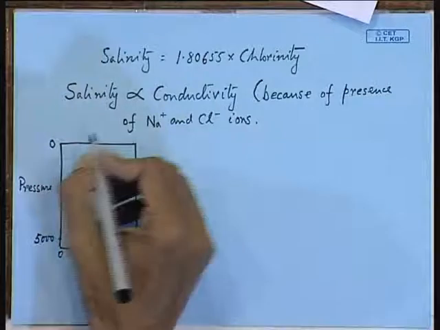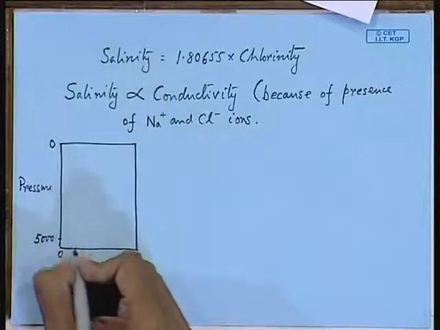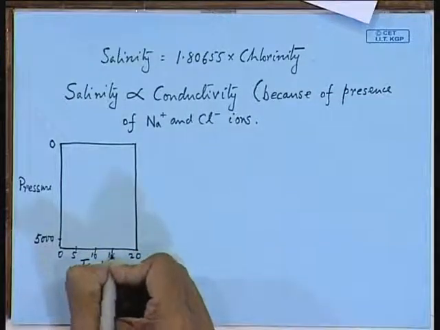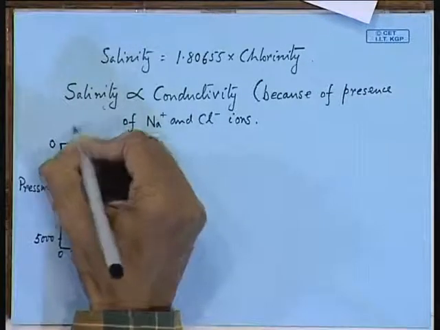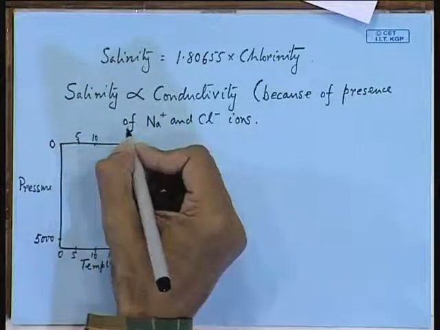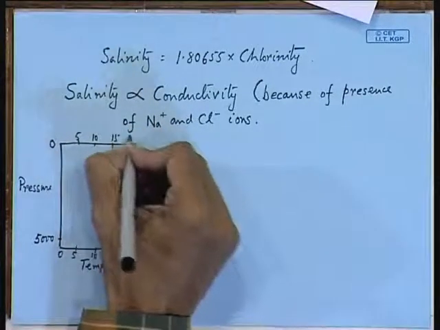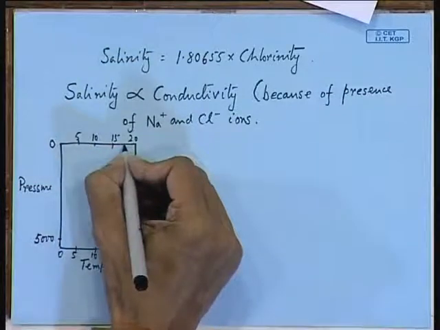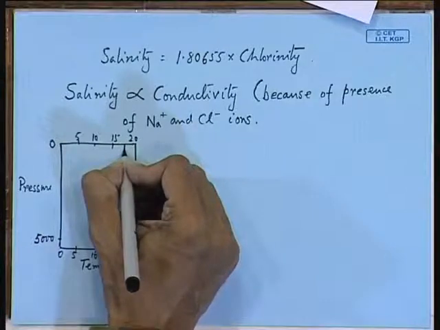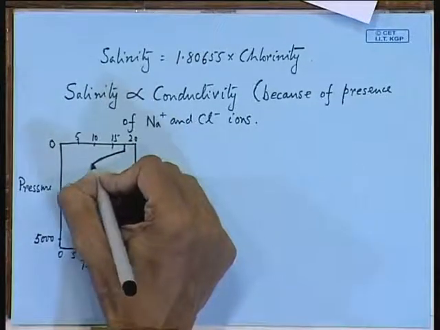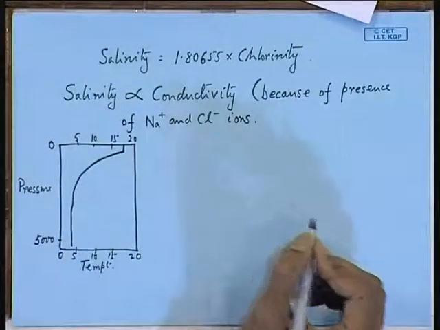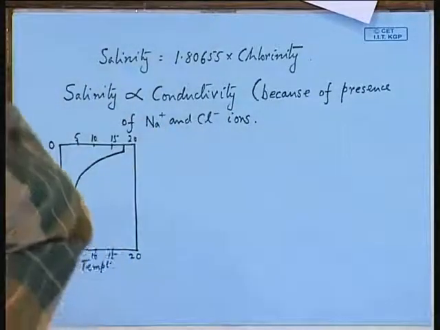So this is 5, this is 10, 15. The same nature of the graph will come here, that is your surface zone, pycnocline, and then it becomes more stable after 5000.